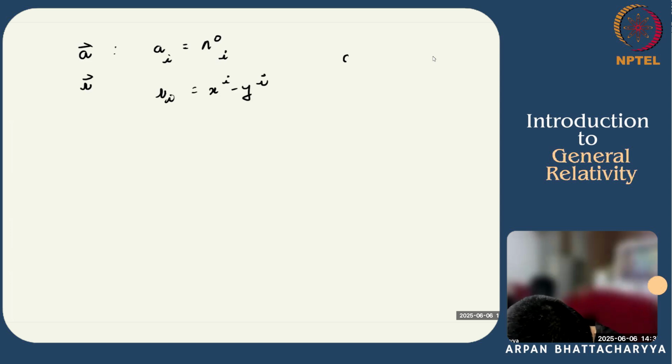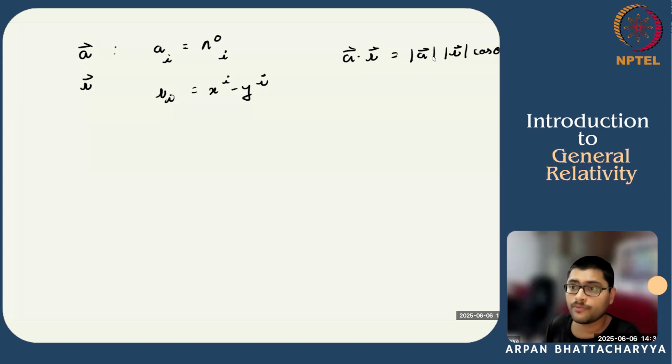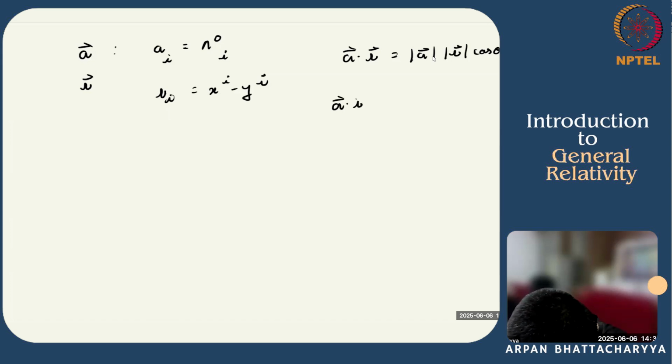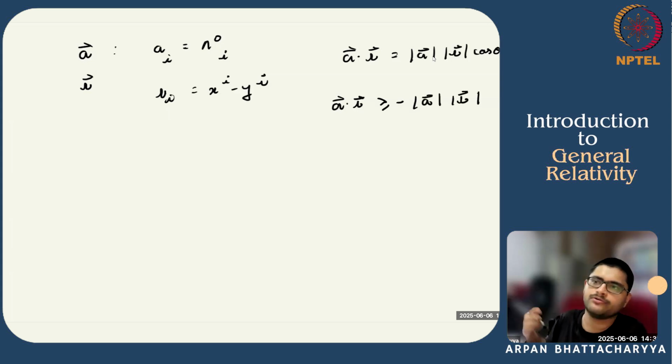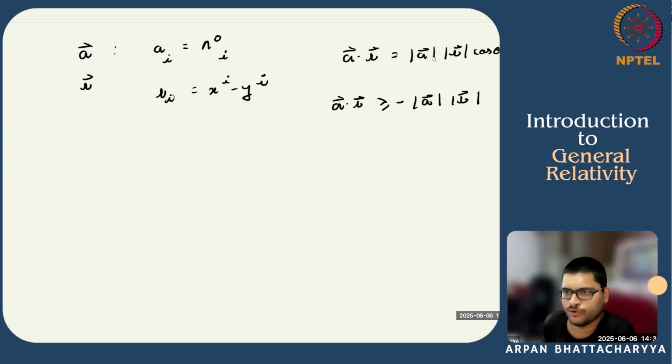We know the dot product of such vectors is the product of the magnitudes times cos theta, and cos theta is minimum when it takes the value -1. So this implies the inequality that A dot B is greater than or equal to minus the product of the magnitudes.